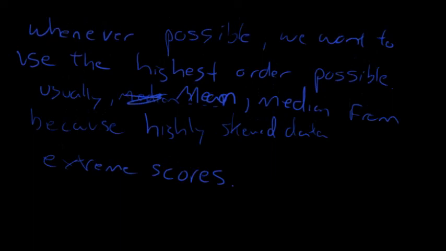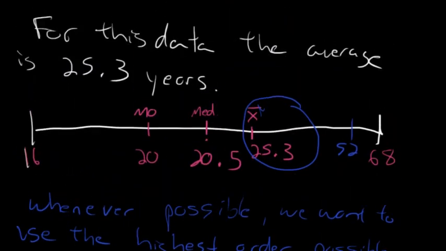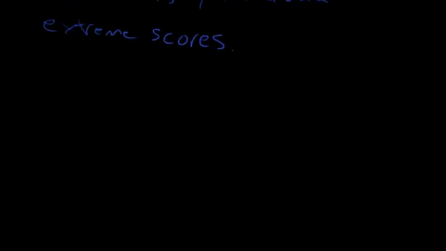Forget my handwriting, but there you have it. Those are measures of central tendency. And next we'll just talk about measures of dispersion. But there you have it for now, measures of central tendency.